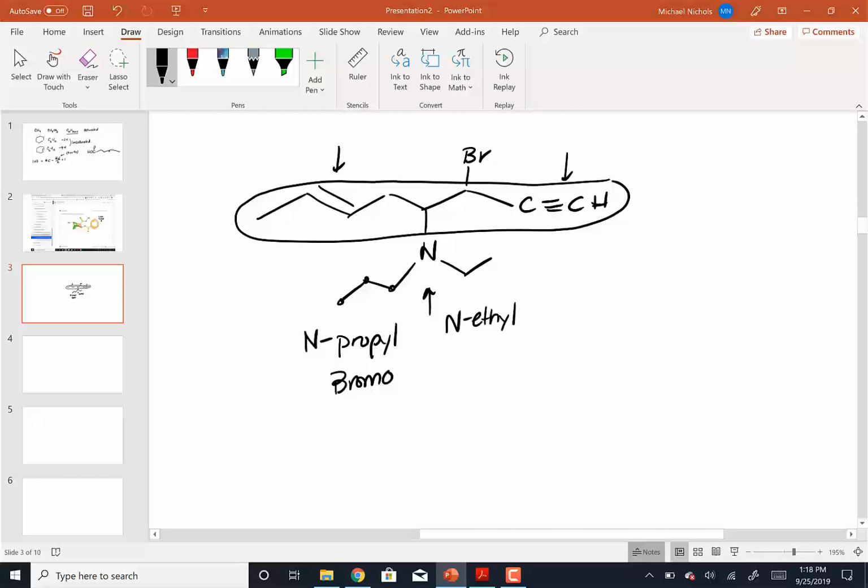So now I need a number. Remember, if you're the highest priority functional group, that gets you priority in the numbering, and it gets you the last suffix in the name. So the nitrogen is going to have the highest priority in numbering.